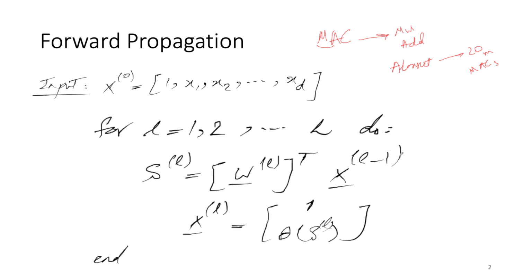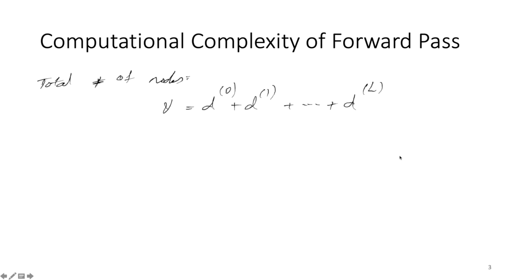All right? So in general, if you want to calculate the computational complexity, first we have to define the total number of nodes. We will define them by V, and they start at 0 up to L, right?